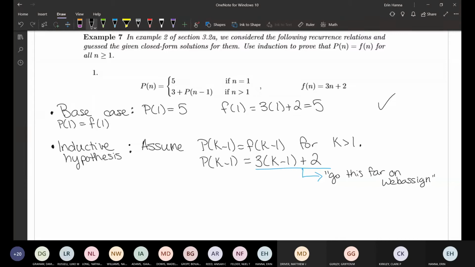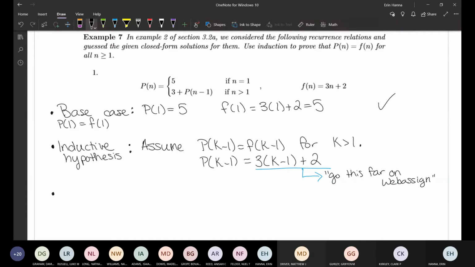Those layouts are horrible. But if you're trying to figure out what blank it wants you to go that far, hopefully that helps. So essentially, we want to be able to use this to show that this is also going to be true for P of k. So now we do the inductive step, essentially.